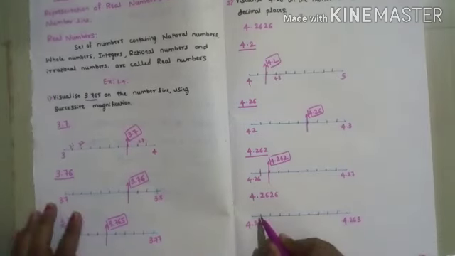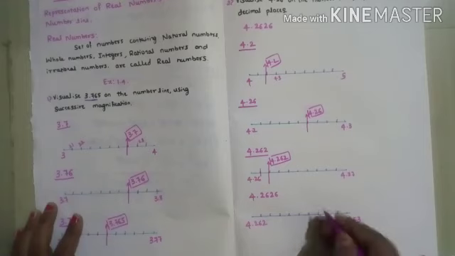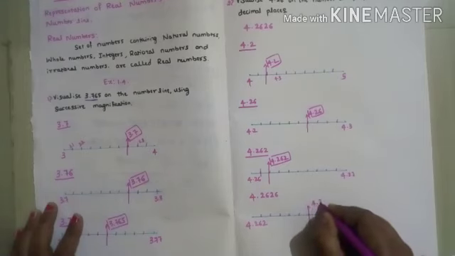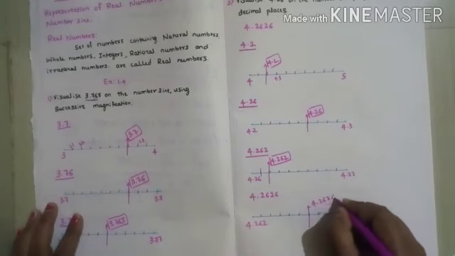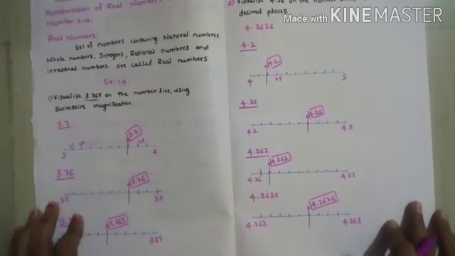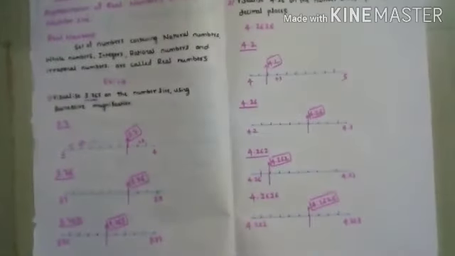First point will represent 4.2621, 22, 23, 24, 25, 26. So this is representing 4.2626. Like this we have to represent the real numbers on the number line.